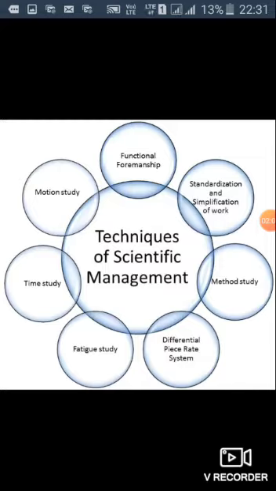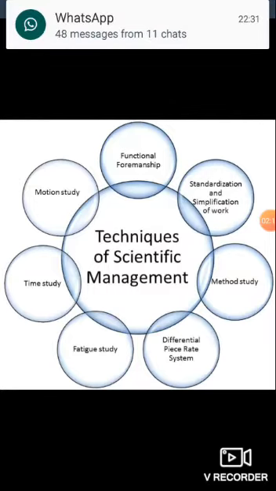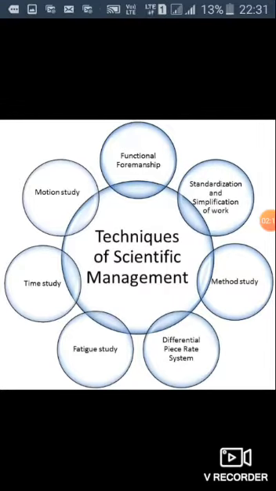Motion is all about your lifting, sitting, workers' movement. Time study is regarding time. Fatigue study is regarding tiredness. How long the workers can work and when will they be tired? When do they want rest?